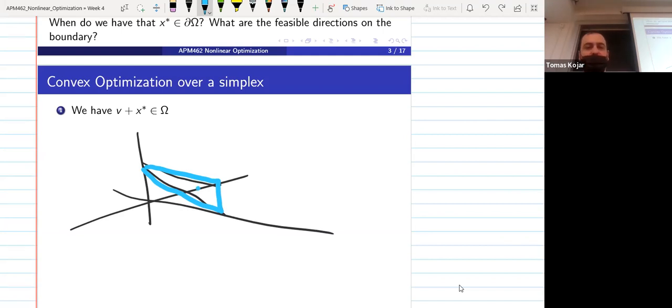Suppose x star is over there. How can you stay in it? Where shall it point? So you cannot move like this. You cannot move like this. You can only move along the slope of the plane. All right, very good. Now let's do mathematics.